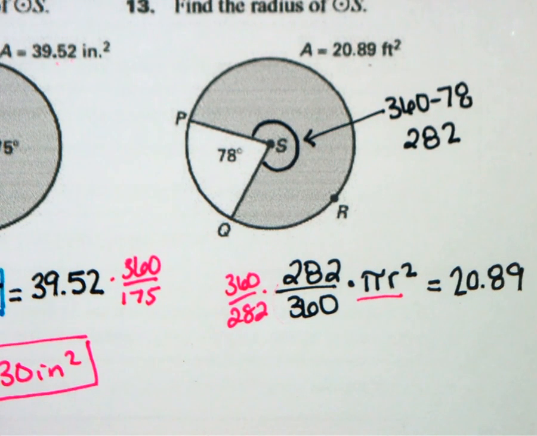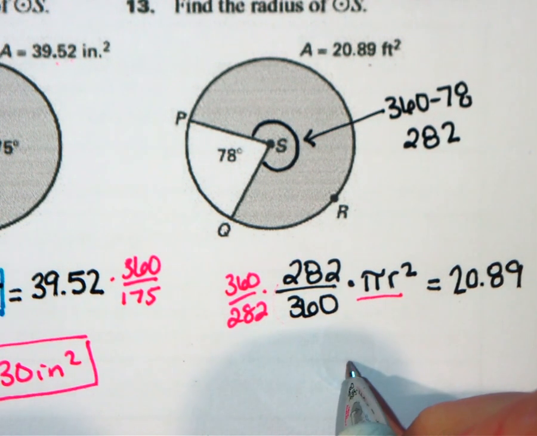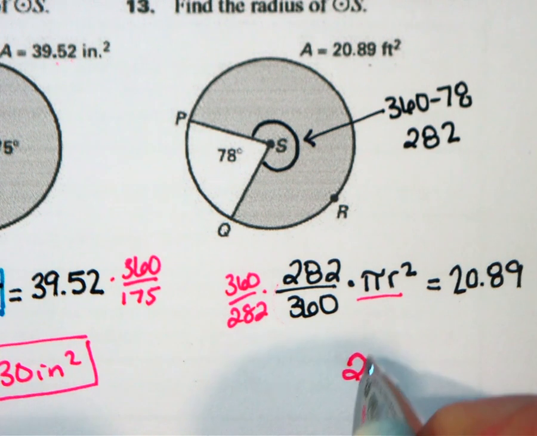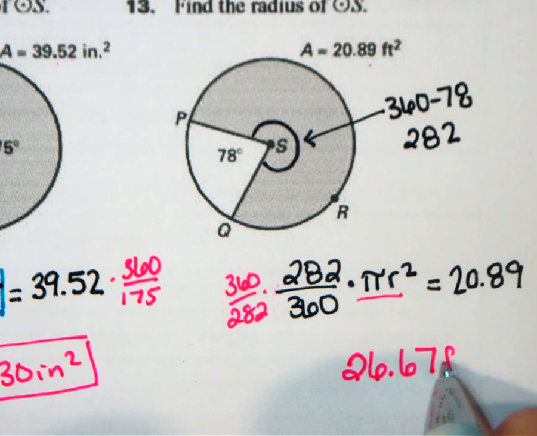So, again going to 2 decimal places, I got an answer of 26.67, because I rounded up, and that would be feet squared.